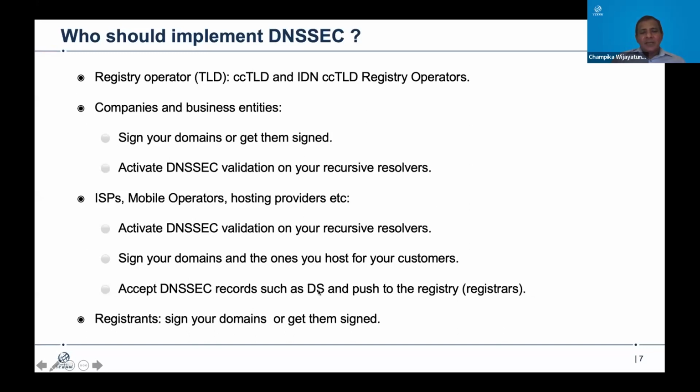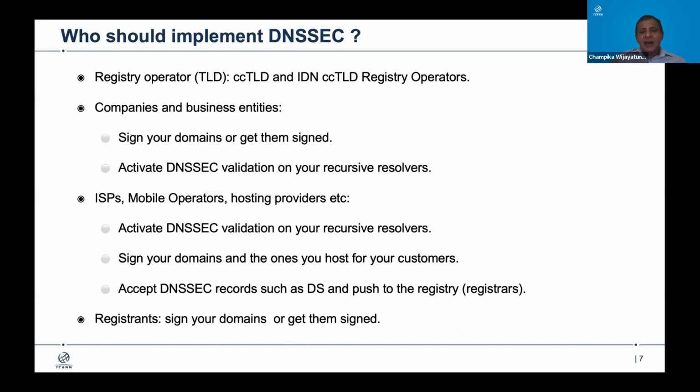Let's try to understand about this. Now, I told you before that DNS is a hierarchical system or a database, right? At the top of the hierarchy, we have root, then we have top level domains, then we have second level domains, and so on. So if you are an organization, you have to propagate the trust, right?